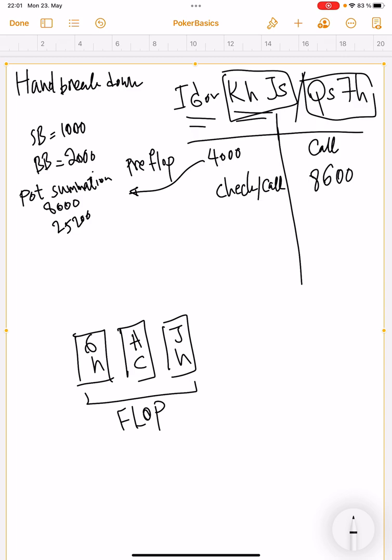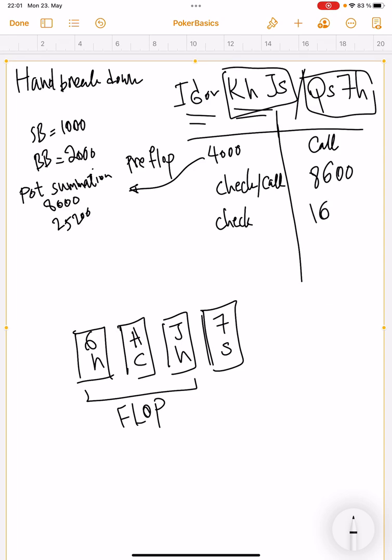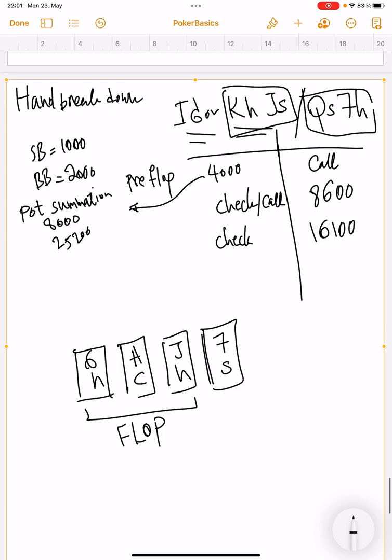And then the next card comes, which is the turn. The turn comes 7 of spades. Igor checks, he's the first to act. And this person bets 16,100. So in a pot of 25,200, he bets 16,100, and Igor also calls.